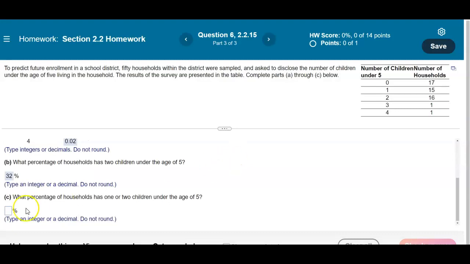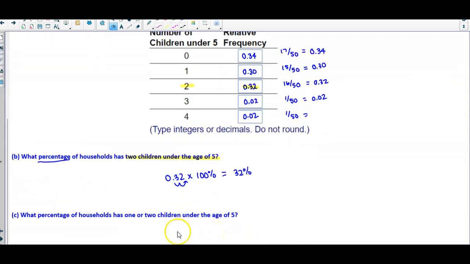Okay, the last question in part C says, what percentage of households has 1 or 2 children under the age of 5? Okay, so this question is that has 1 or 2 children under the age of 5. So 1 or 2 gives us 0.30 and then 0.32.